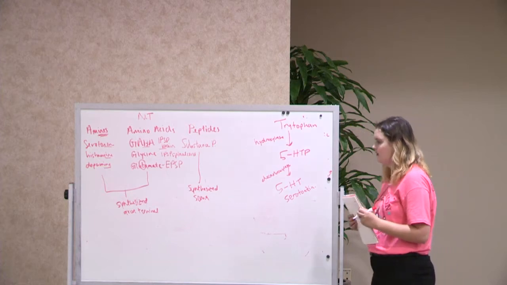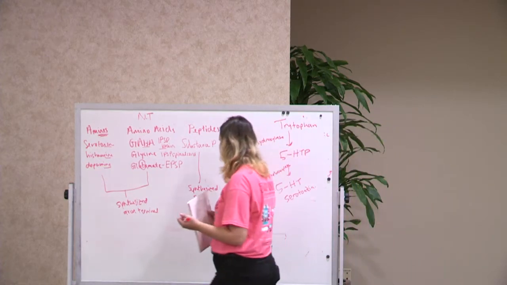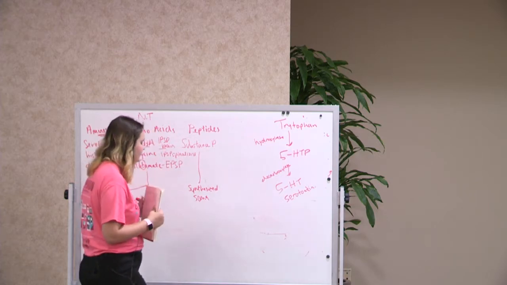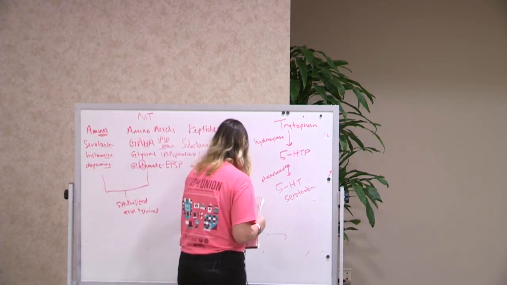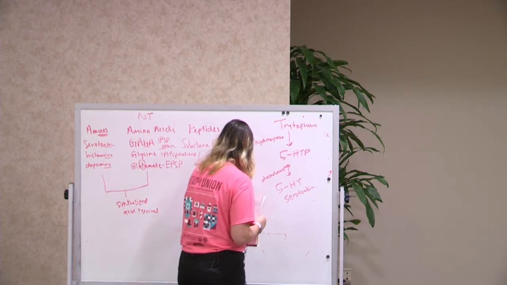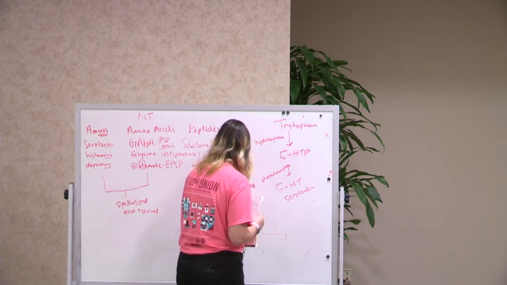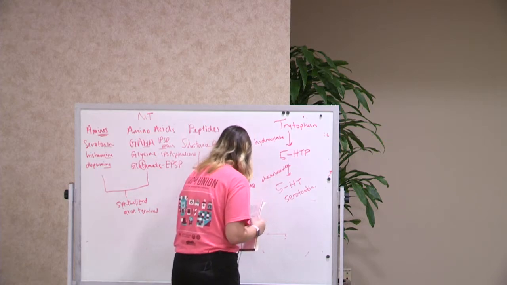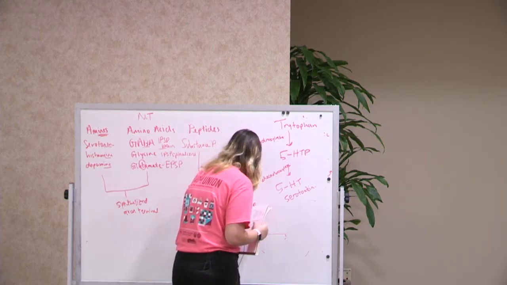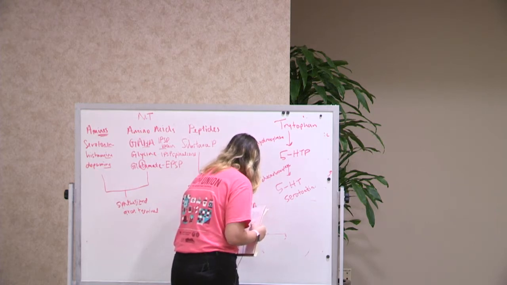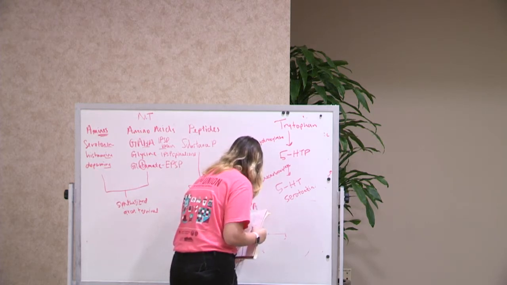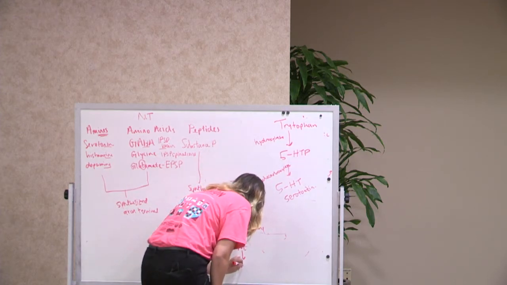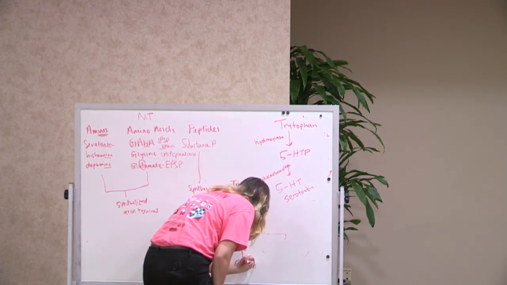How we make epinephrine, norepinephrine, dopamine: they are all in the same precursor family. So that one is tyrosine to L-dopa, or you can just call it dopa, it doesn't matter. Dopamine to norepinephrine, which is just the British way of saying adrenaline, and then epinephrine.